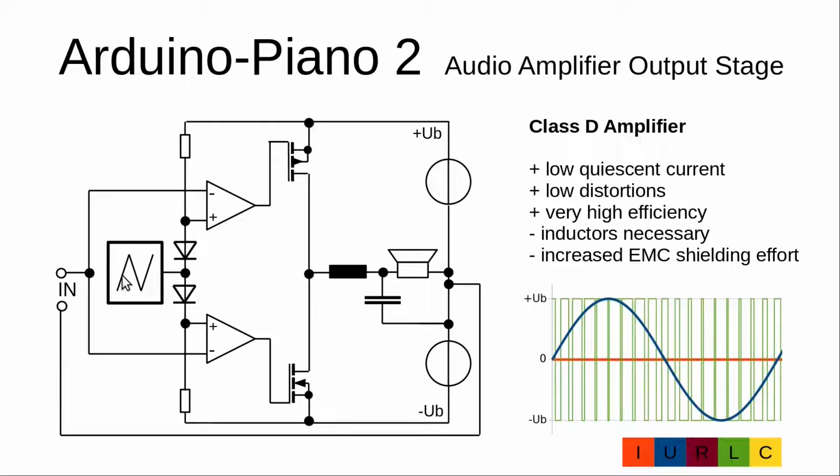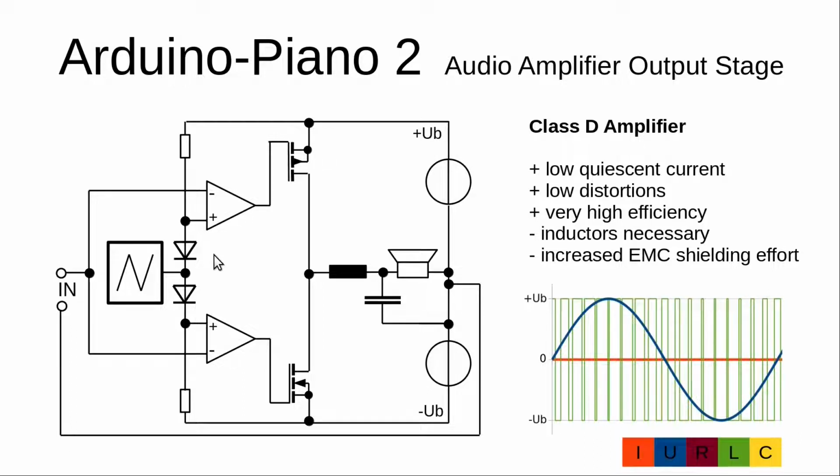With 0 volt input voltage, the low side transistor and the high side transistor are turned on each for 50%. At a very high input voltage, the low side transistor is turned on for a short time and the high side transistor is turned on for a long time. At low input voltages, the low side transistor is turned on for a long time and the high side transistor only for a short time.